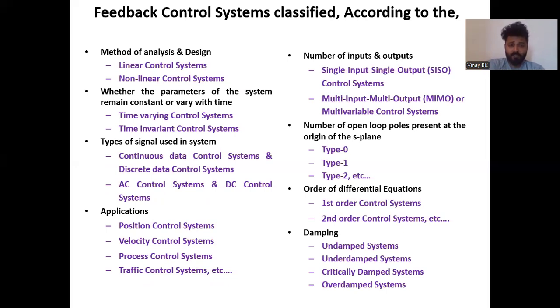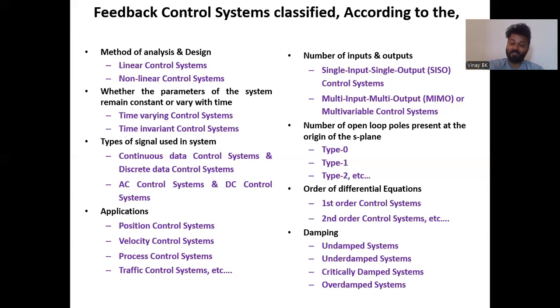And whether the parameters of the system remain constant or vary with time: time varying control systems and time invariant control systems. And the types of signals used in a system: continuous data control systems and discrete data control systems, AC control systems and DC control systems.